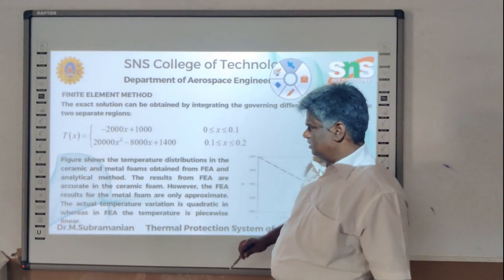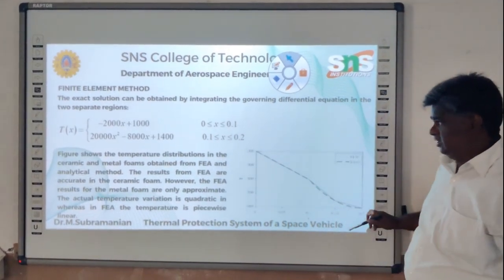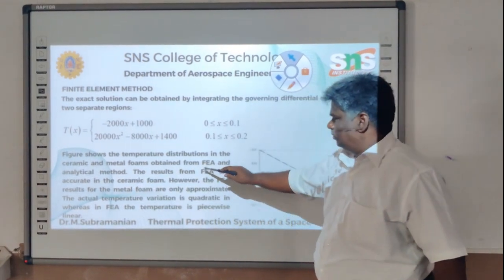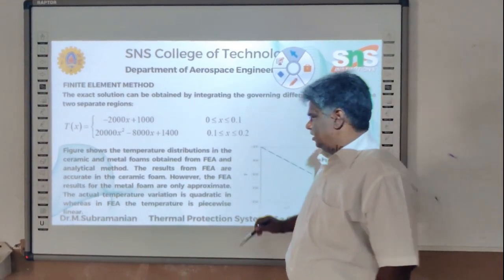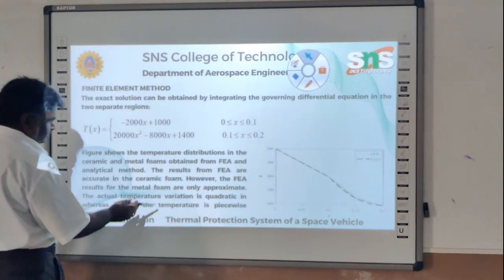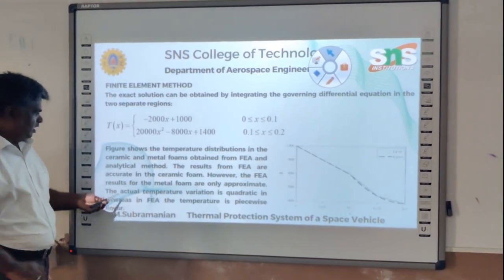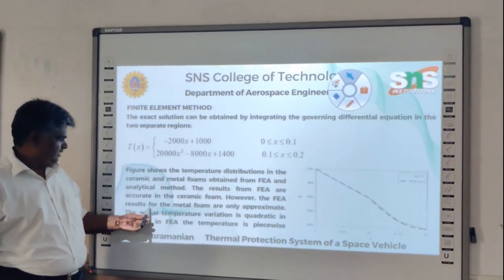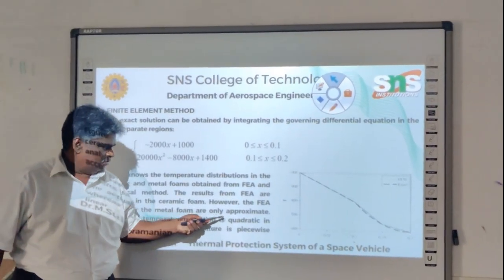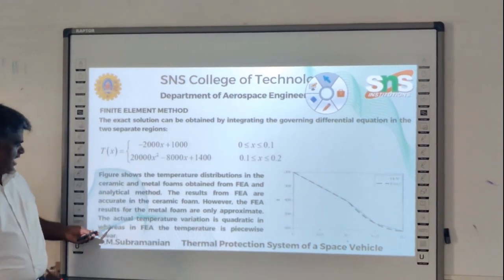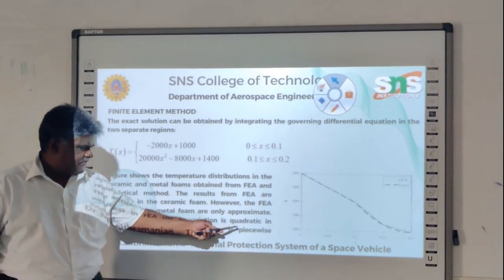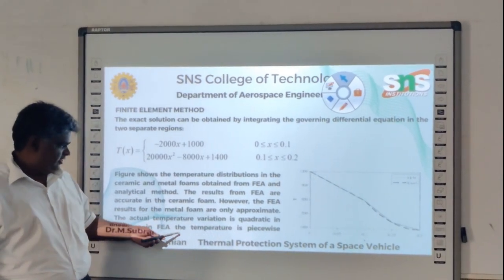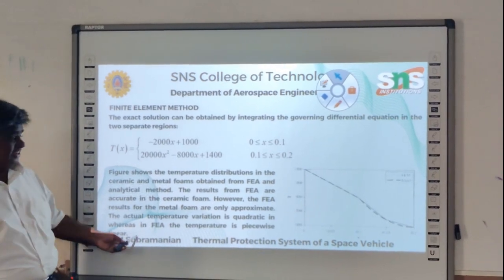The figure shows the temperature distribution in the ceramic and metal foam obtained from the FEA and the analytical method. The results from FEA are accurate in the ceramic foam. However, the finite element analysis results for the metal foam are only approximate. The actual temperature variation is quadratic, whereas in FEA the temperature is piecewise linear.